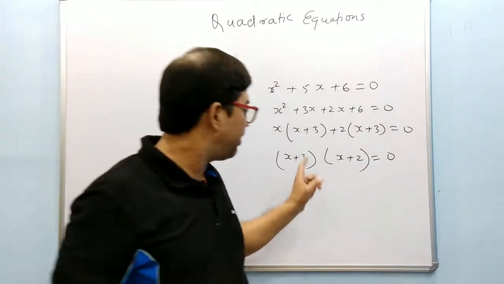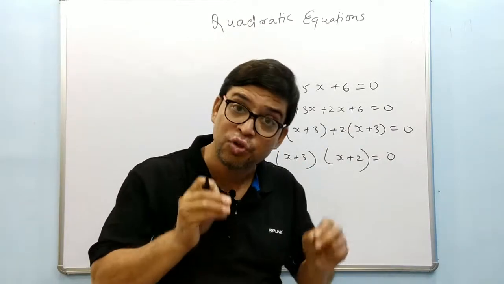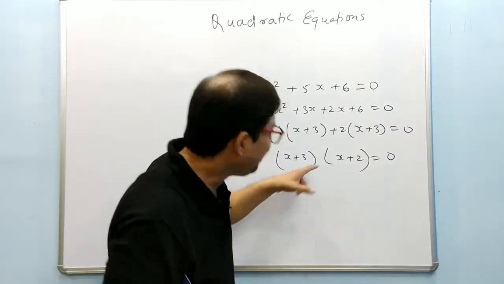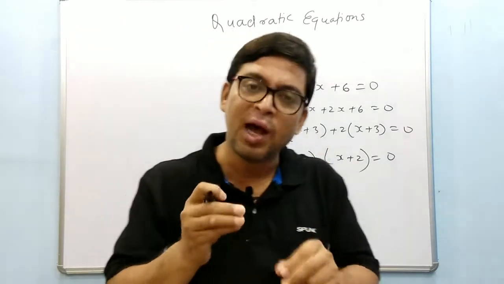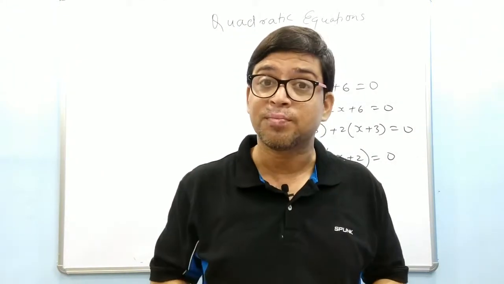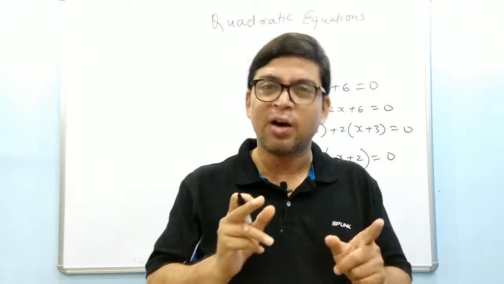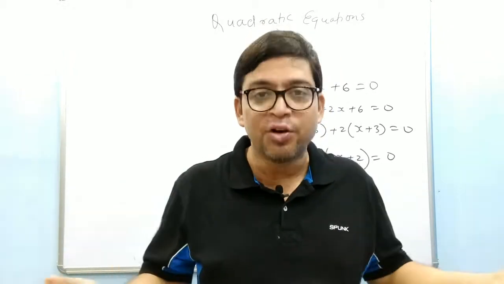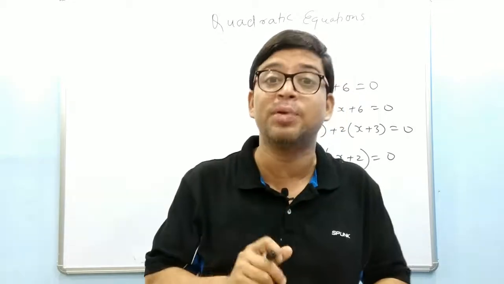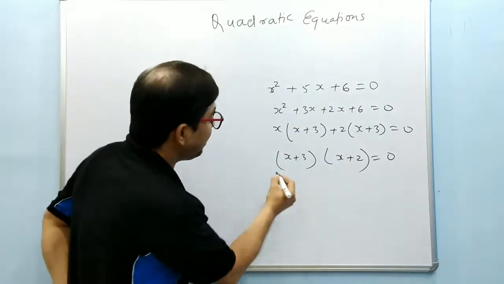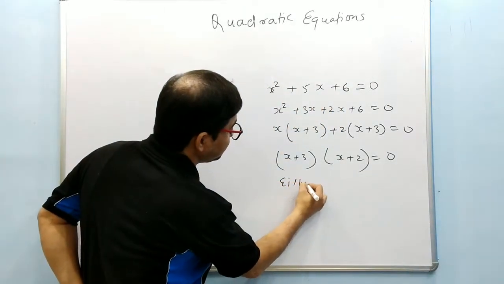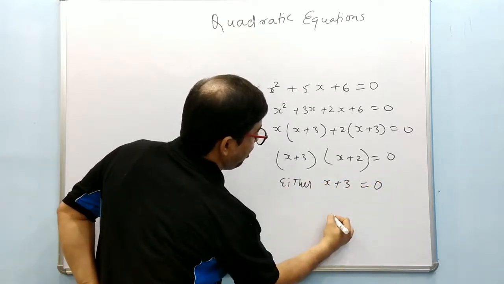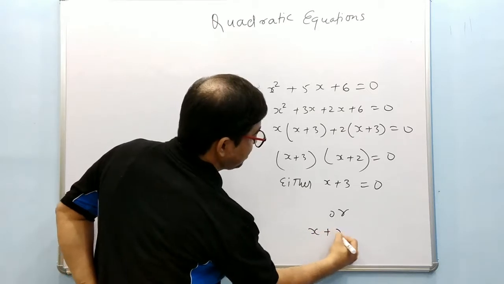Now we should understand what this actually is. We should not blindly write things. One thing into another thing, the product of two things is 0. What does this mean? One of the things will be 0, because we know that 5 into 0 is 0 or 0 into 5 is 0. That means at least one thing should be 0. So we can write either x plus 3 is equal to 0 or x plus 2 is equal to 0.